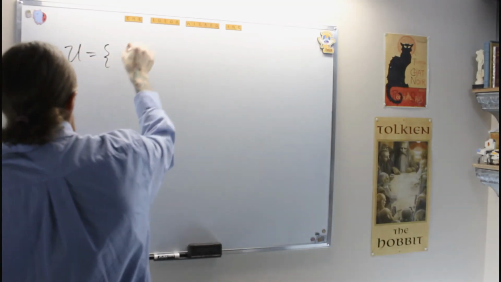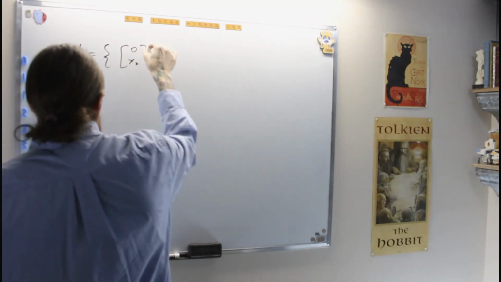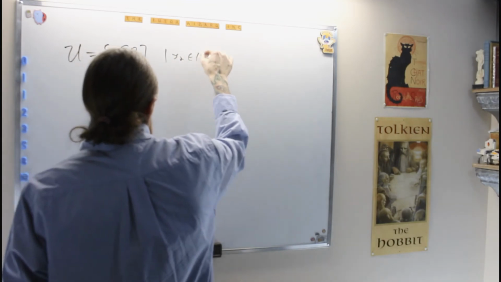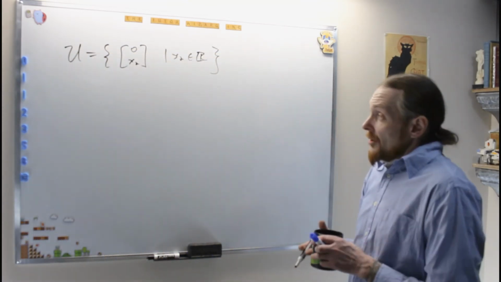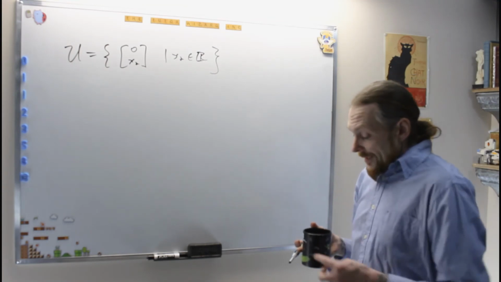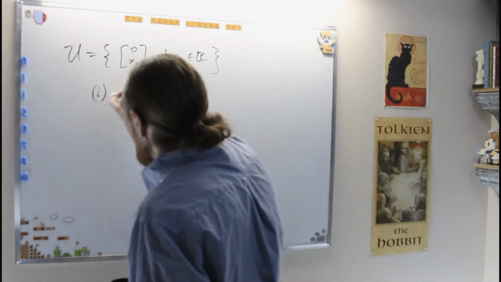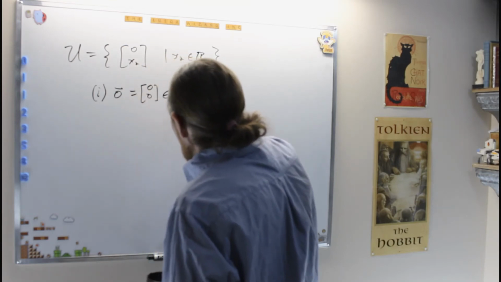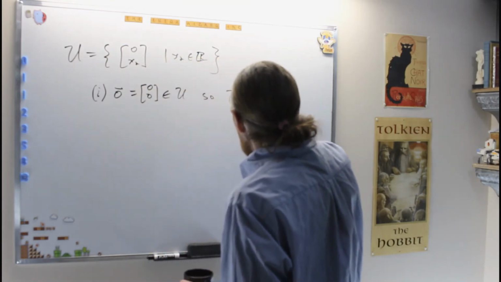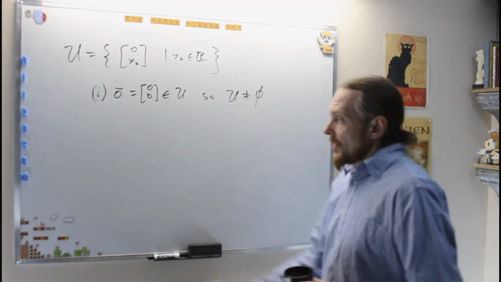If U is equal to the set of (0, x2) such that x2 is any real number, vectors in R2 whose first coordinate is 0, then (0, 0) is in U, so U is definitely not the empty set.